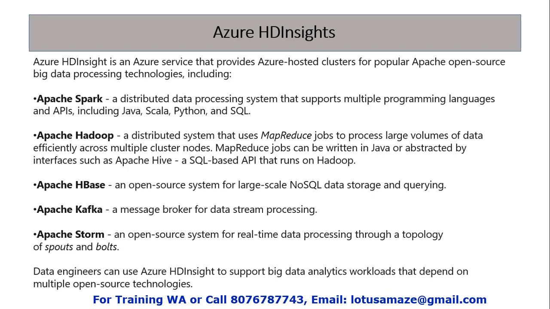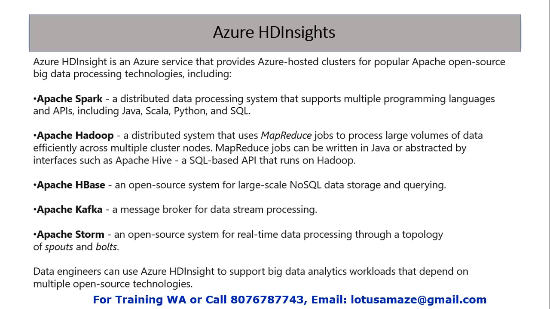Apache Kafka is a message broker for data stream processing. Apache Storm is an open source system for real time data processing, right? Suppose in some organization data is coming in, and at the same time we need to process that data. Instead of batch processing, we are doing real time processing, where it follows the topology of spouts and bolts.